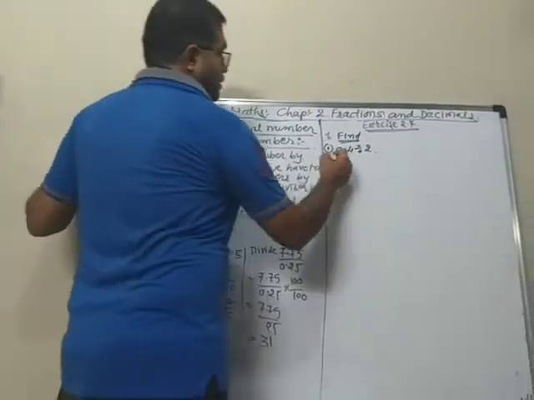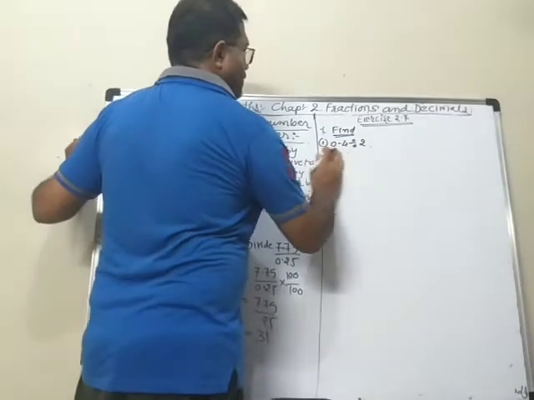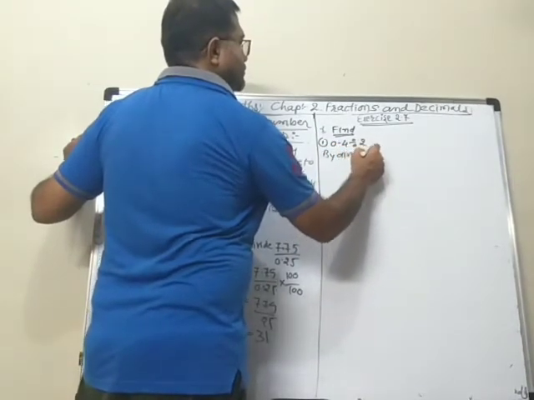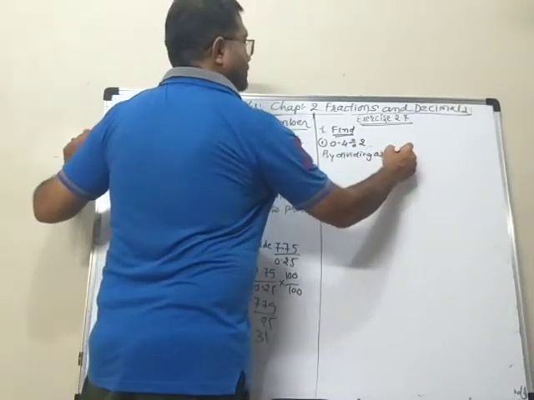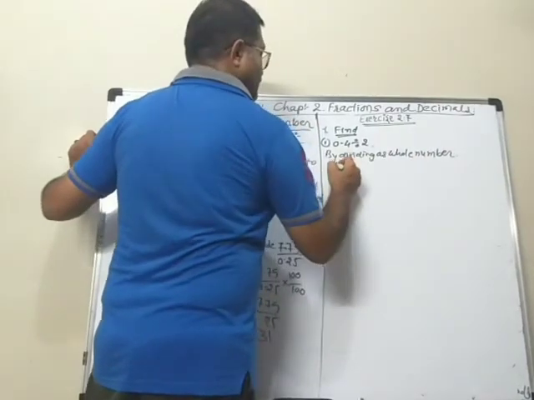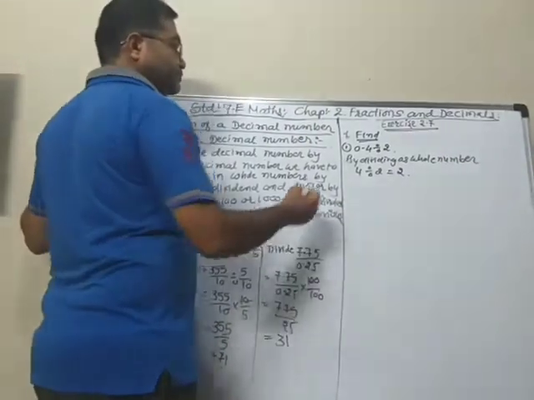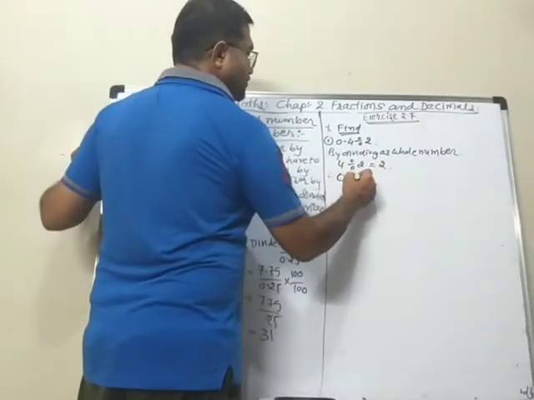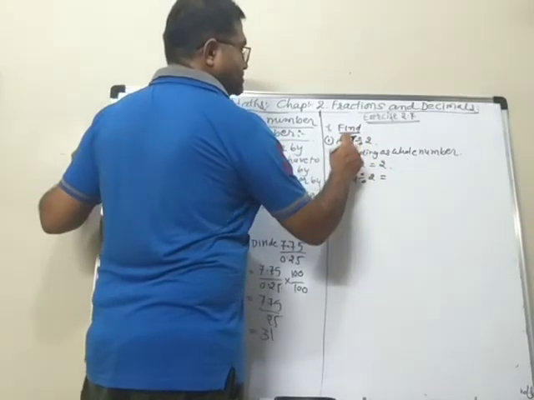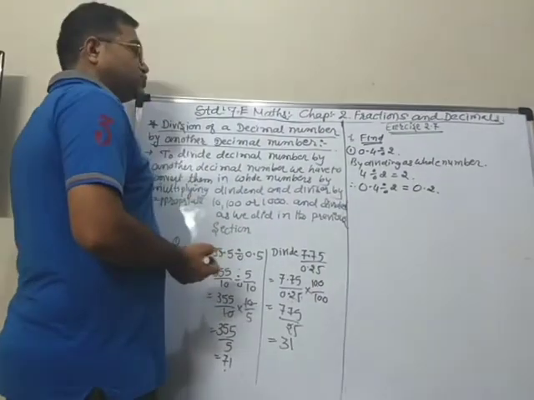Now by ignoring the decimal and dividing as whole numbers, 4 divided by 2, we know that the answer is 2. Therefore for 0.4 divided by 2, we have to put one decimal place here, so the answer will be 0.2.